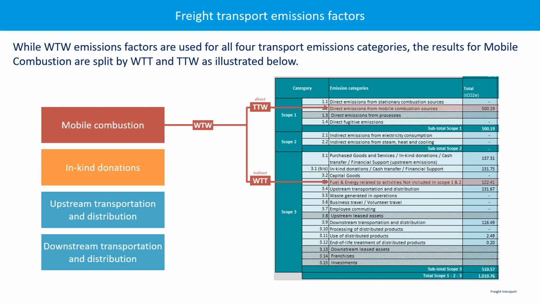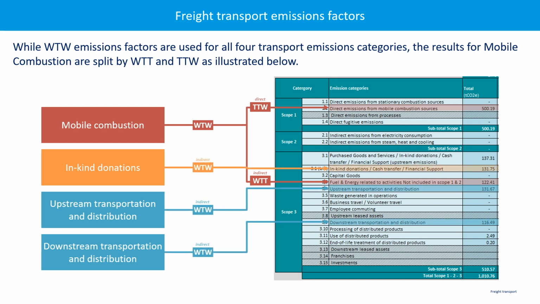And this category falls under Scope 3 because it includes indirect emissions. On the other hand, for the three other transport categories, tank-to-wheel emissions are indirect because the vehicles are not owned by the reporting organization here. So there is no need to distinguish tank-to-wheel from well-to-tank emissions in the results overview.